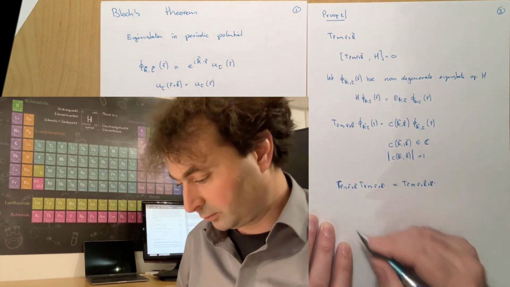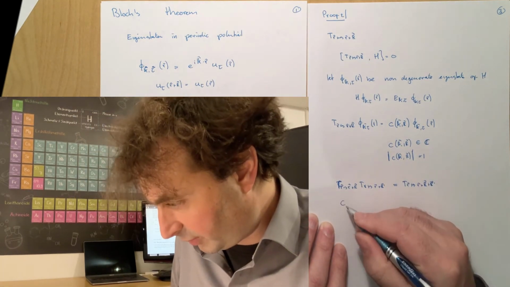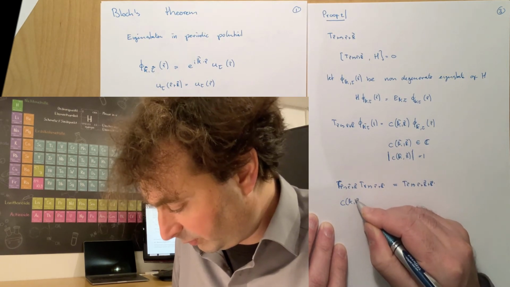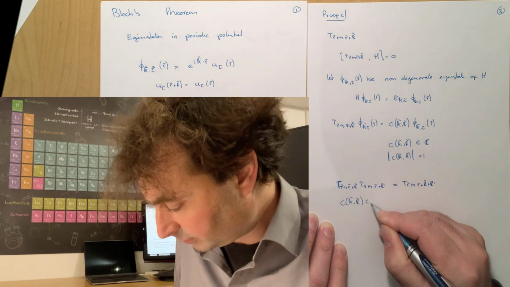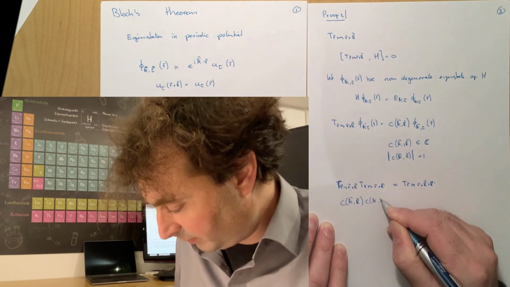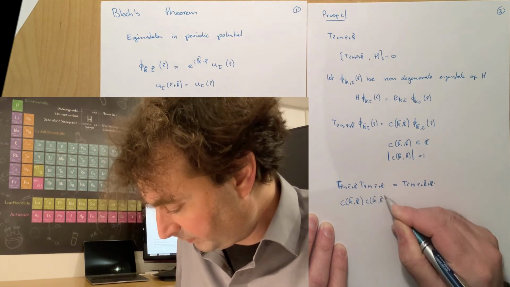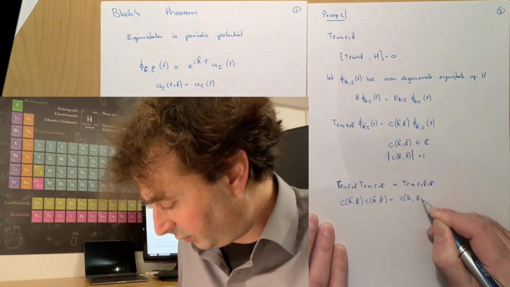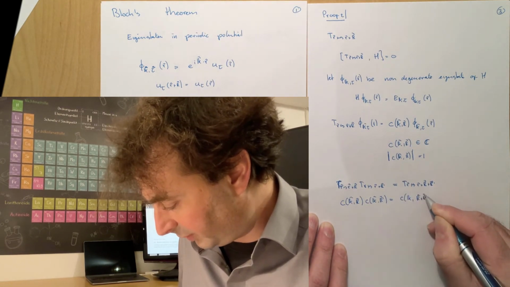Or in other words, C k of R times C k of R prime is equal to C k of R plus R prime.